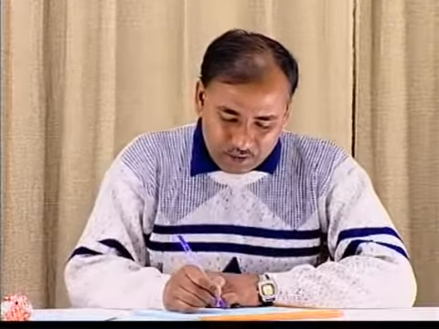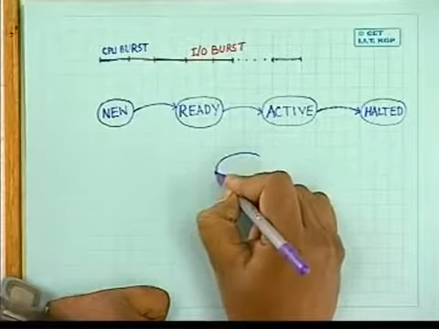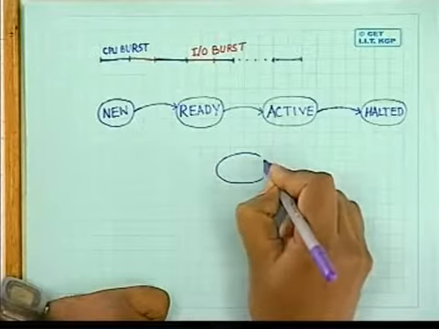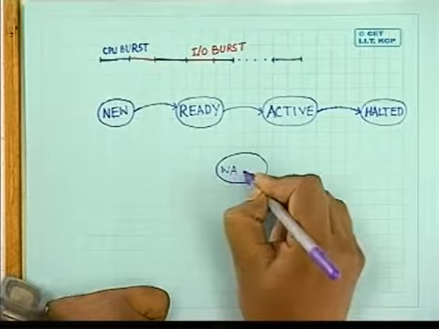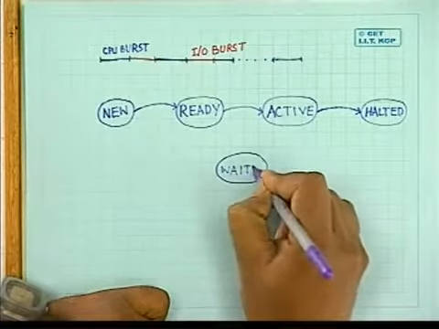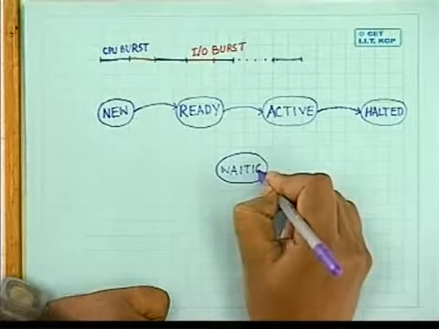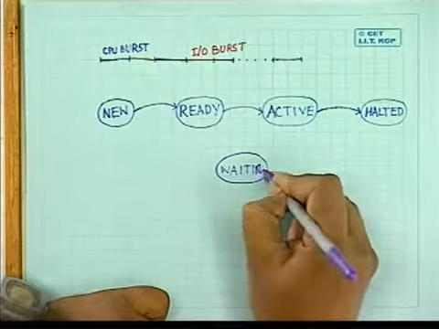The CPU need not be busy or need not wait until the job is complete. Okay. So what you can do is, whenever the job wants to perform some IO operation, you just remove it from the CPU, push it into another state which is called a waiting state. That is, it is waiting for some IO operation. So you call this a waiting state.